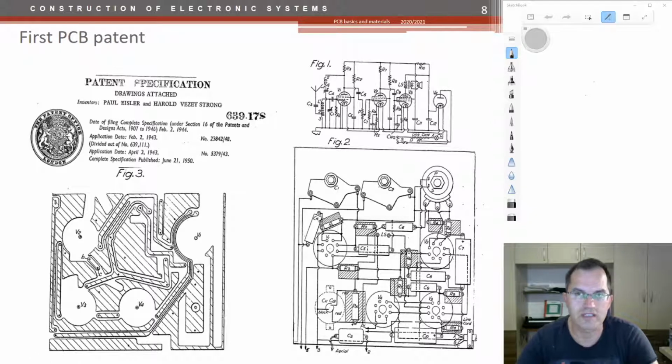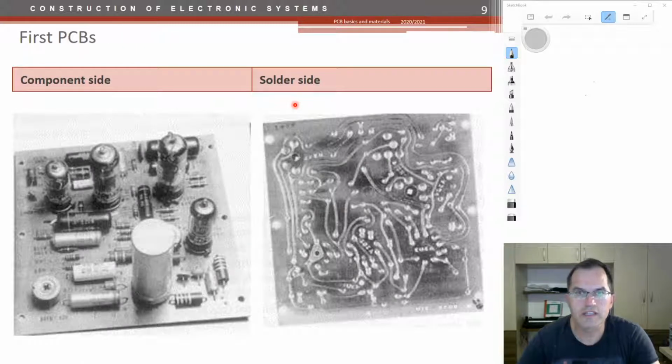All that was patented, and the patent was granted, I think, or applied at least, in 1944.